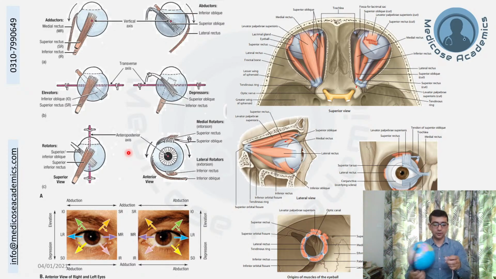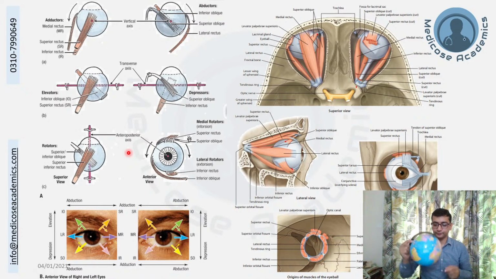Talking about the right eye, of course it will be the same with the left eye, but visually I am talking about the right eye. All of the things opposite will be true for the inferior rectus. Inferior rectus is attached to the anterior half of the lower surface, approaching from the medial aspect. When it contracts, talking about the right eye, it will lead to downward looking of the eye.